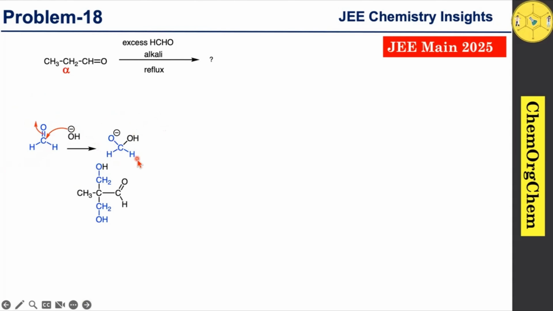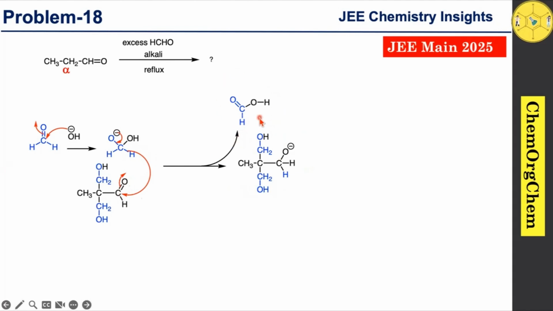Now closely look at this intermediate. The oxygen negative charge moves towards this carbon atom, so that a hydrogen atom comes with its electrons and attacks this intermediate aldehyde. Now the pi-bonded electrons move towards the oxygen atom, which produces the corresponding intermediate, along with formic acid as a byproduct.